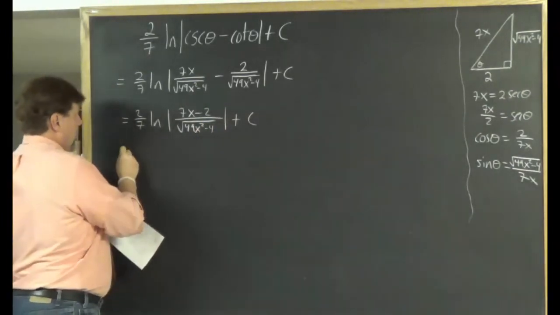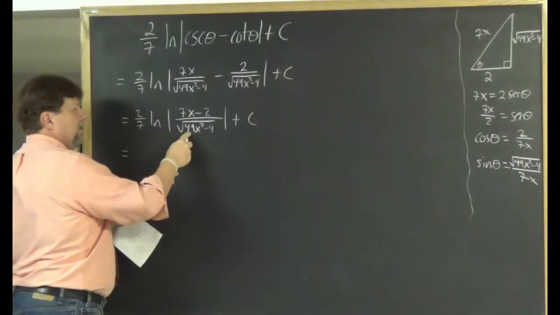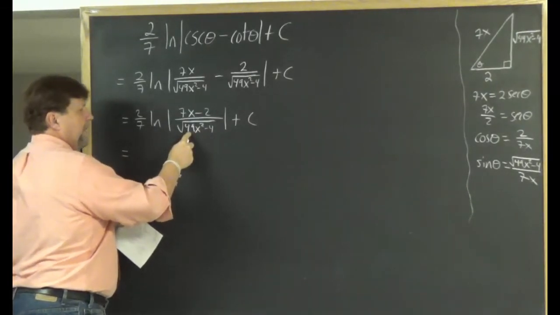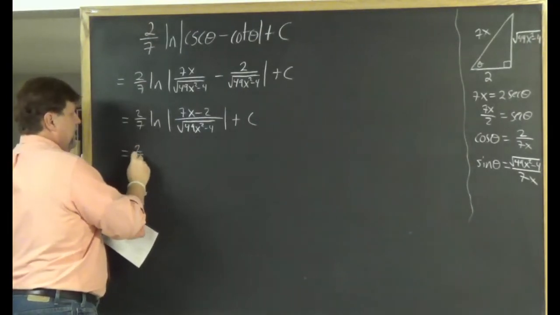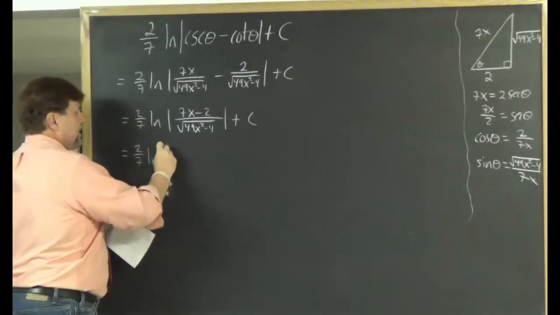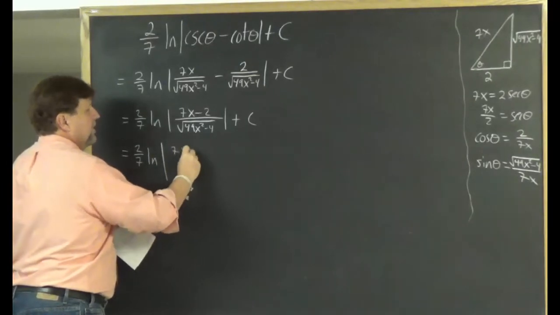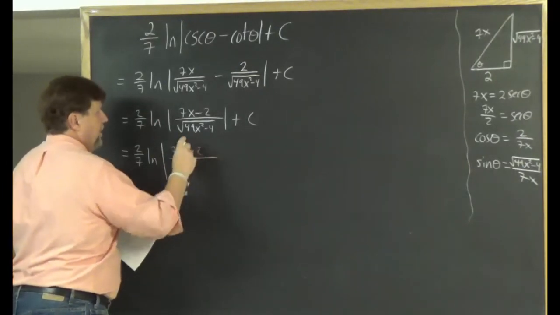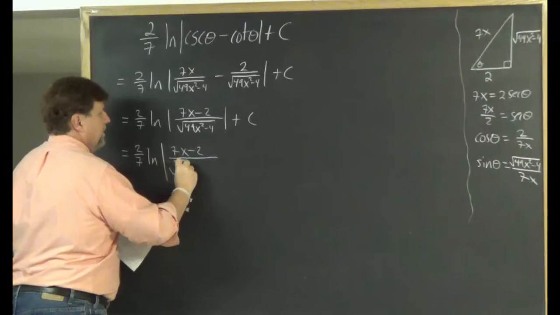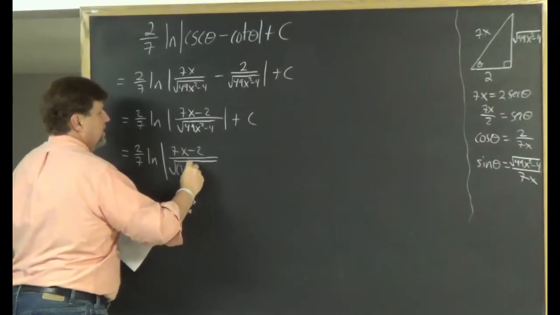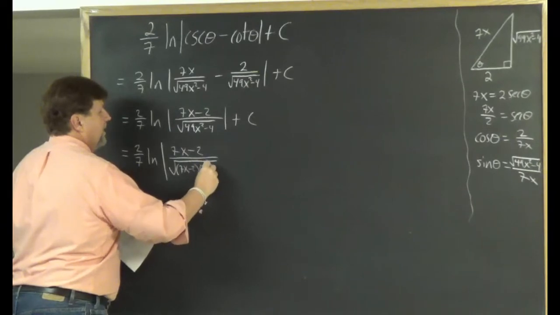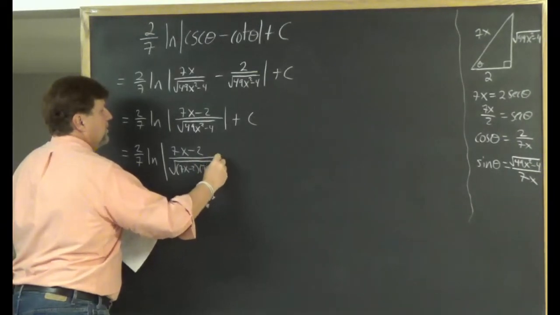And I noticed something under the radical: the 49x squared minus 4 is easily factored. It's the difference of two squares. So I'm going to go ahead and factor what's under the radical as 7x minus 2 times 7x plus 2.